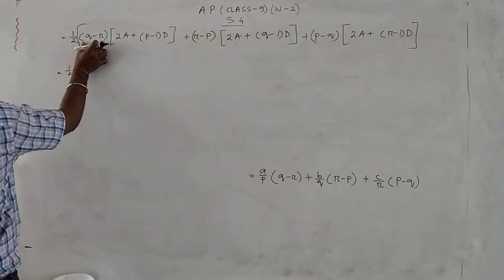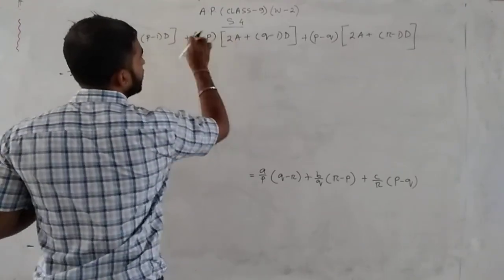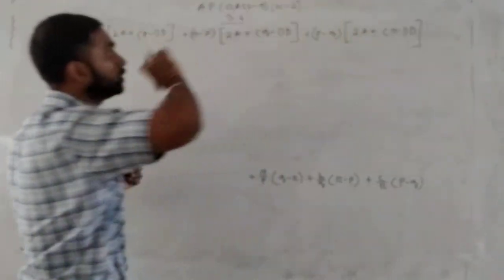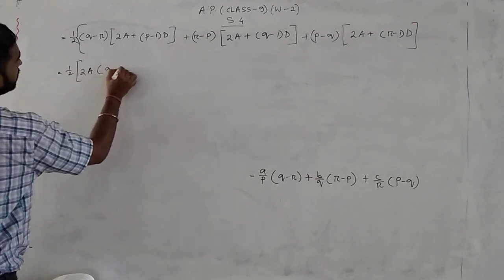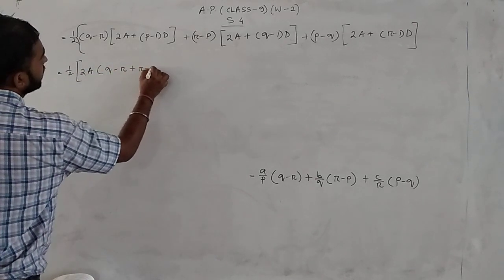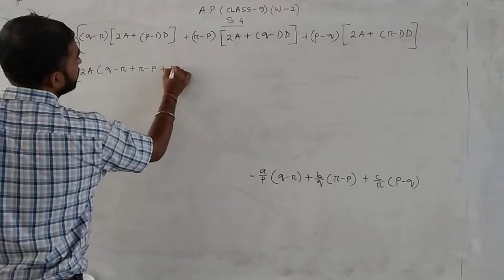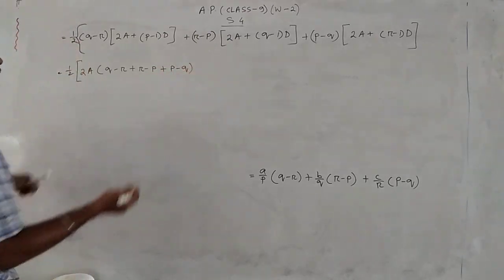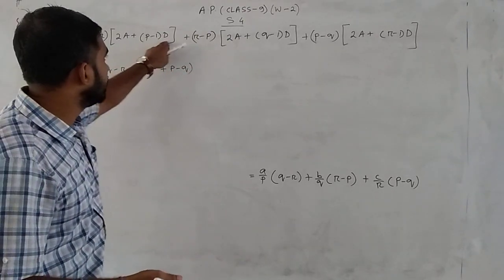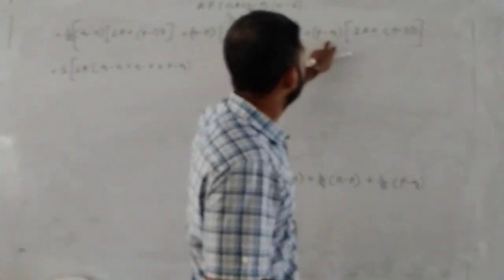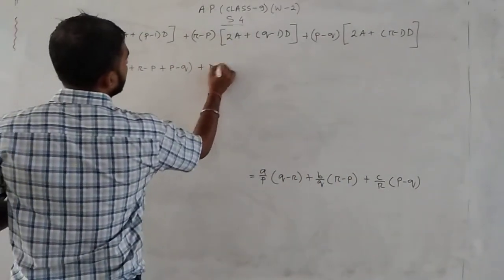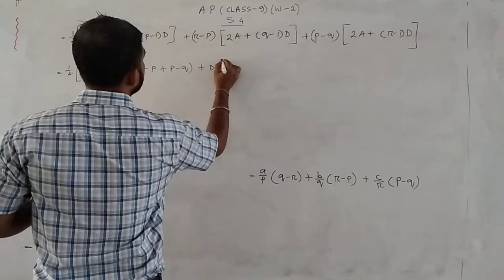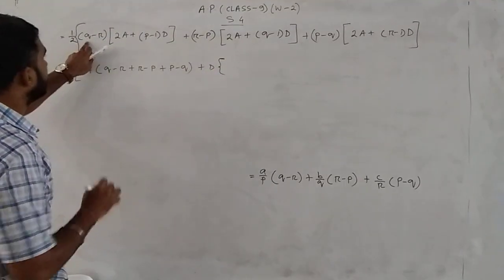Now see, this multiplies twice A, this multiplies twice A, this multiplies twice A. So twice A is common: Q minus R plus R minus P plus P minus Q. Then next this into this into D. So here also D is common. So plus D and multiply, and break it directly.